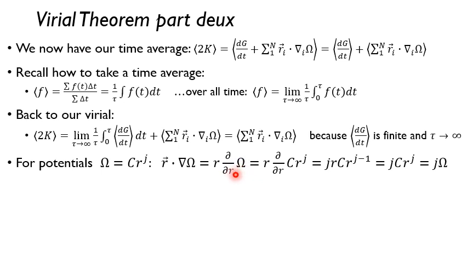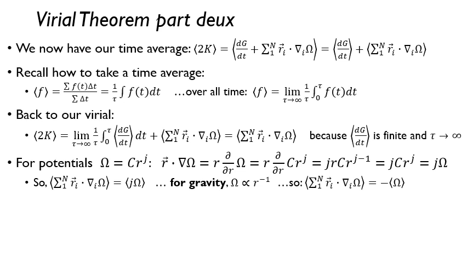We can go ahead and plug in the functional form of our potential, as we do here, and take the derivative, and then you'll see that the r out front restores the power that was reduced from the derivative. And so what you're left with is that the position dotted with the gradient of the potential is just equal to the potential times the initial power that it was raised to. Okay, so we're slightly less general now.